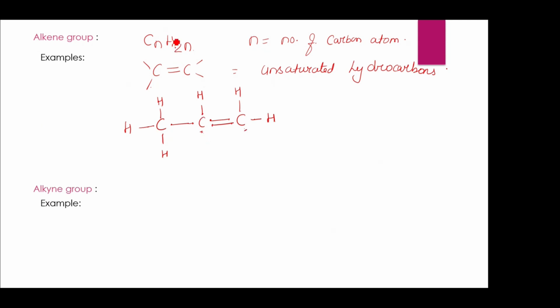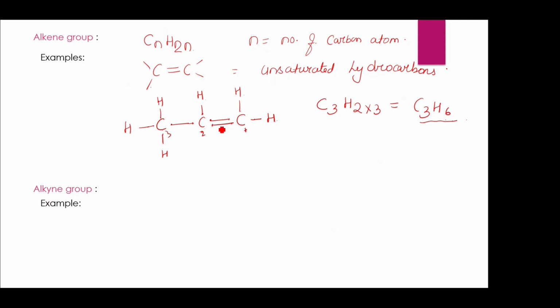If you fit this in the formula, where n is the number of carbon atoms, 1, 2, 3, so C3H2 into 3, that is C3H6. You can count 1, 2, 3 carbons, and six hydrogens: one, two, three, four, five, six. So C3H6.